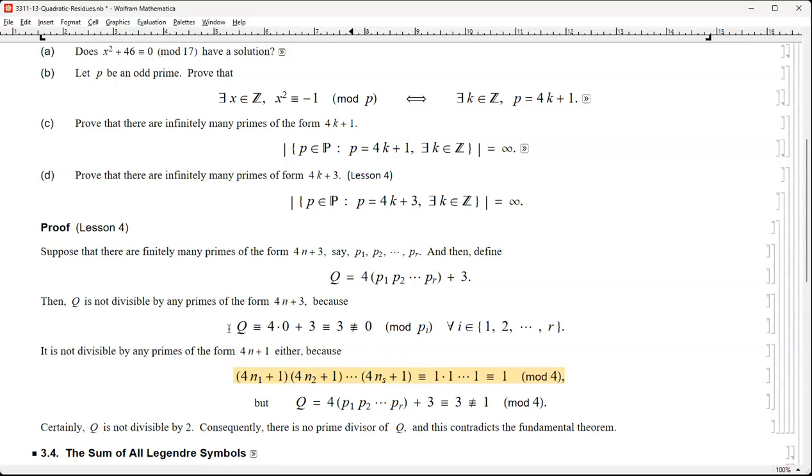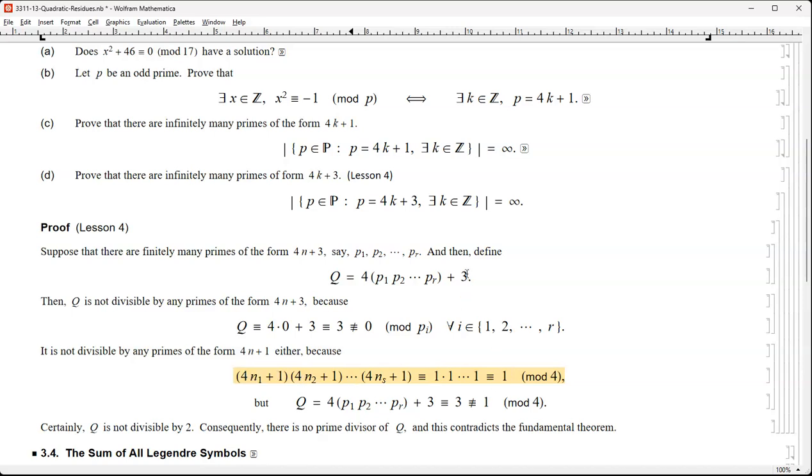let's see, if capital Q can be factored by all the primes of 4n plus 1 form, well, previously I used k and now I'm using n, so it can be a bit confusing. Sorry about that, but it's a second problem, different problem. So prime factorization of capital Q, 4n1 plus 1, 4n2 plus 1 up to a bunch of them, and then they're all congruent to 1 modulo 4 because, you know, this one has 4, those have 4.